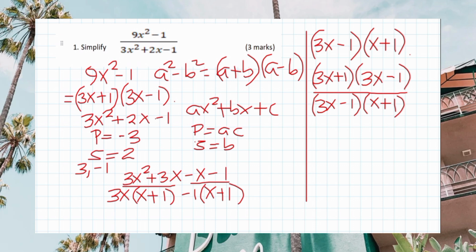Looking at the numerator, we have 3x − 1, and in the denominator we also have 3x − 1. These are like terms, so they cancel out, and we are left with (3x + 1) divided by (x + 1). That way, we have completely simplified our expression.